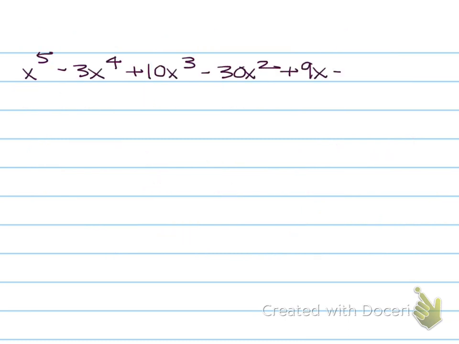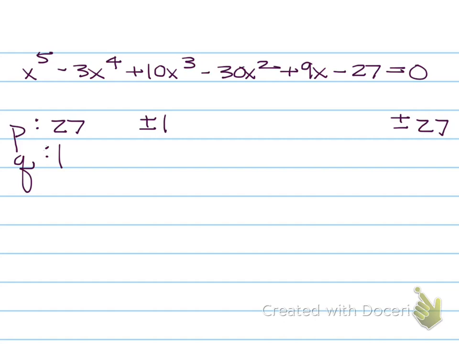For example, using the same polynomial function, the constant term is 27. The lead coefficient is 1. So we need to find all the factors of 27 and 1. The smallest factor of 27 is 1. The biggest is 27.